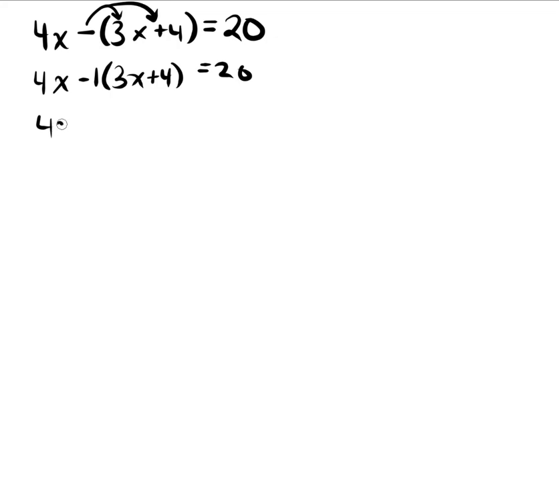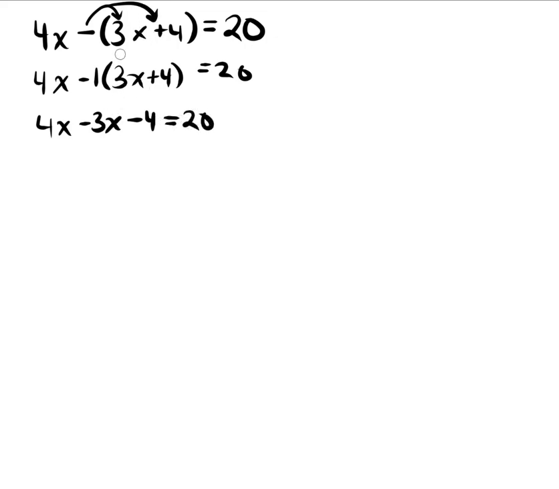So I'm going to distribute the negative in. I get 4x minus 3x, and then a negative times a positive 4 is going to be a -4. So all I did was distribute it, once again, that negative on the inside. So I end up with 4x minus 3x minus 4 is equal to 20.